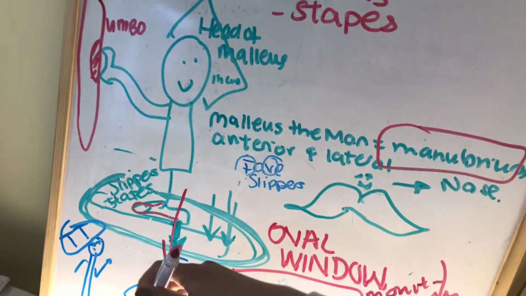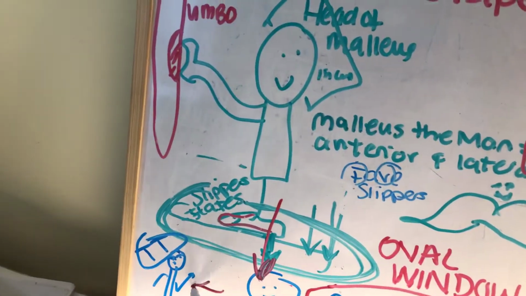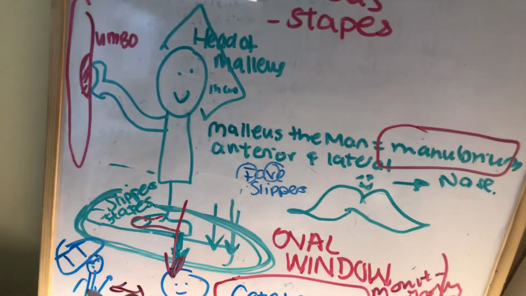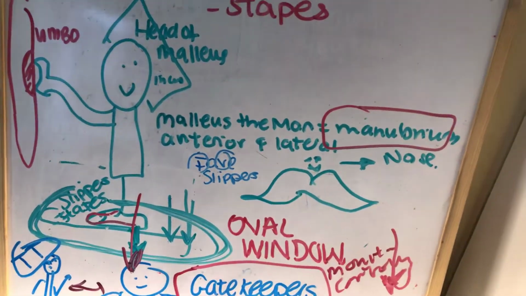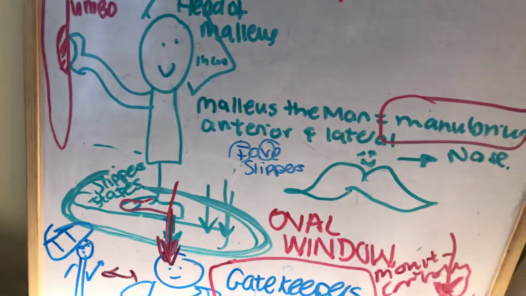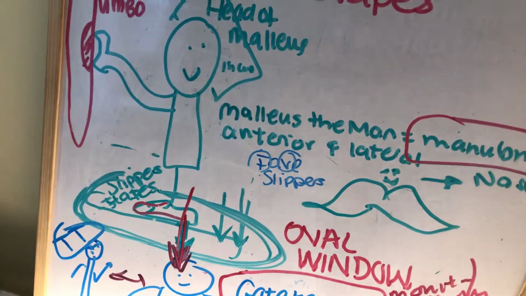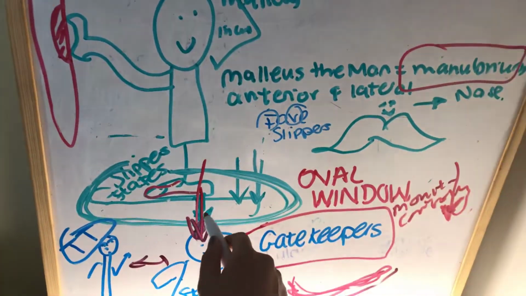So stapes does tap on the oval window, but then after that the vibrations are controlled by tensor tympani. The muscle here is called tensor tympani, and the muscle here is called stapedius. By the way, stapedius is kind of a longish muscle, not that long, but long for the ear. It attaches to where the stapes is.